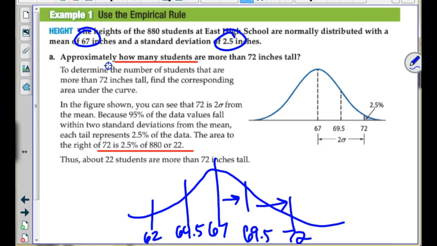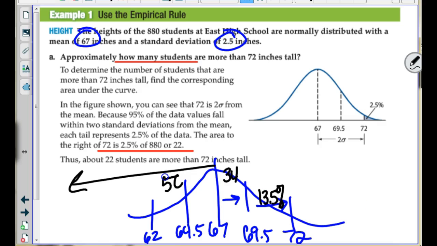Okay, it says approximately how many students are more than 72 inches? Well, the rule is this is 50%, this is 34%. Does anybody remember what the next one was on the paper? 13.5. So we need what's left.